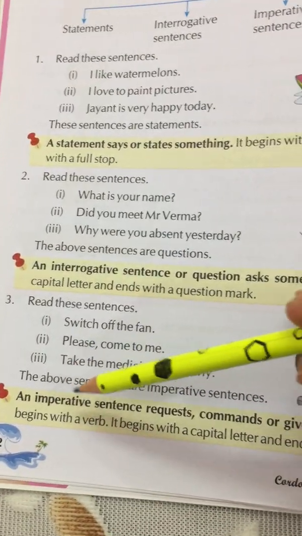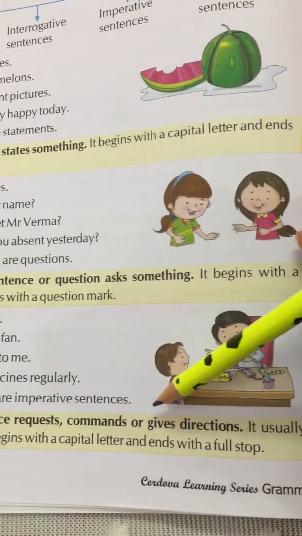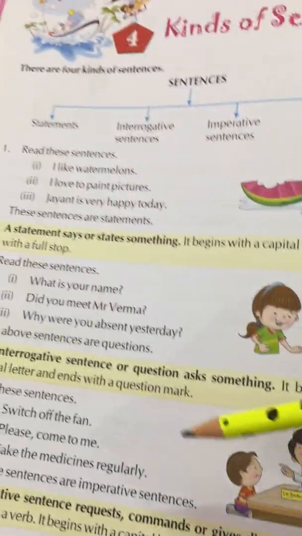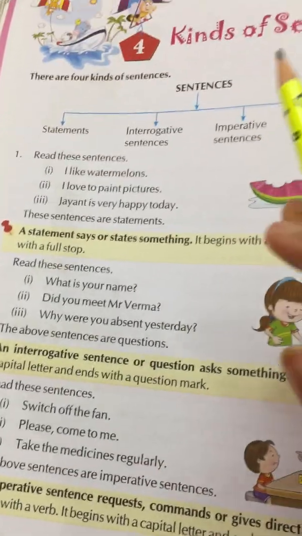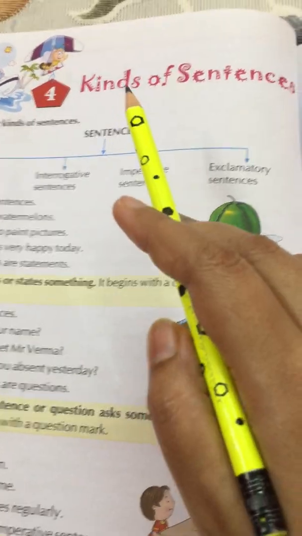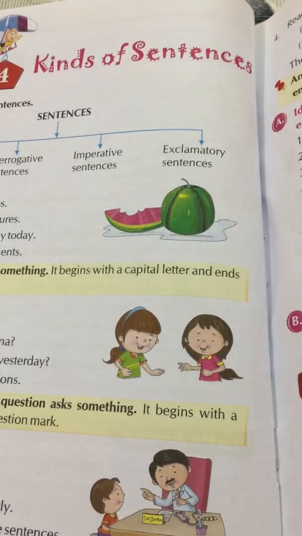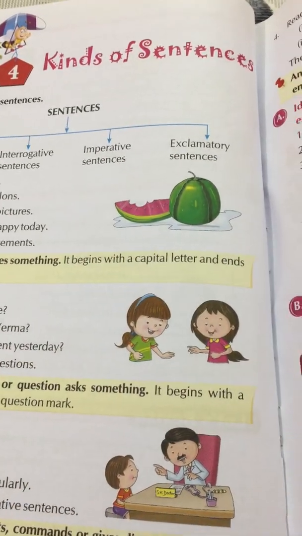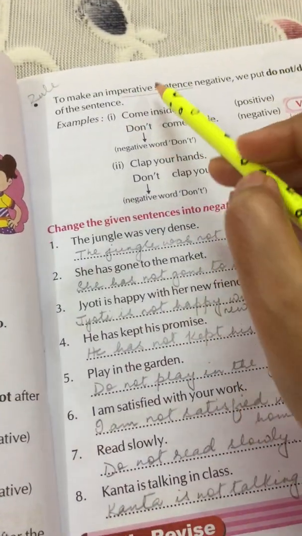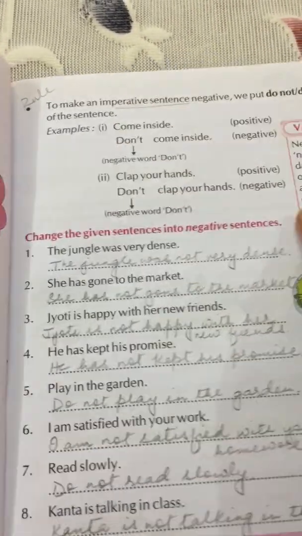It was given here: an imperative sentence requests, commands or gives directions. This was taught in chapter number 4, kinds of sentences. I am repeating it over and over. Every time it comes, I always repeat it, so you must not forget what is an imperative sentence.